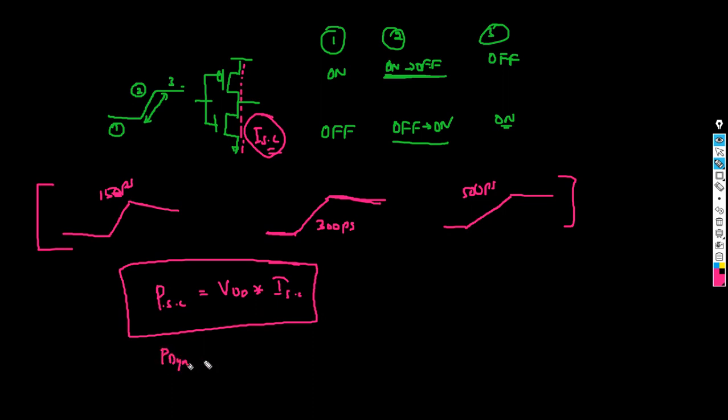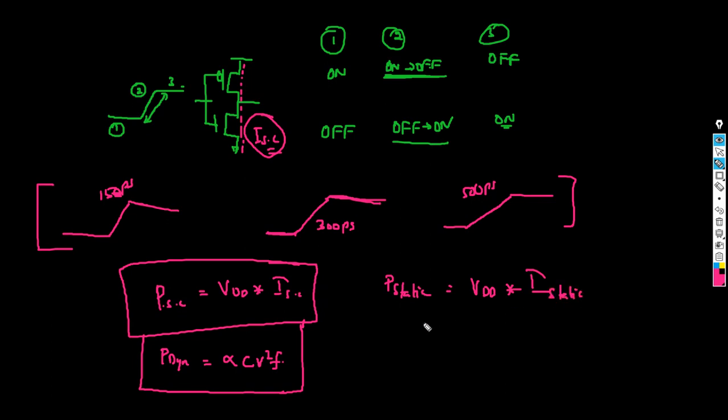And we have just discussed that P dynamic is nothing but alpha C V squared F. We also have talked about P static, which is your VDD times I static. So together, P total is P static plus P dynamic.